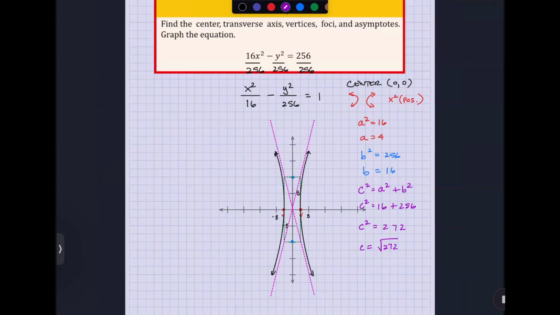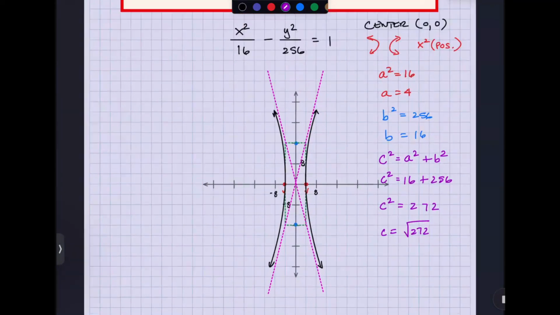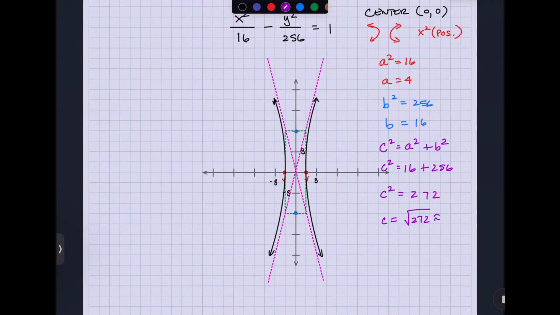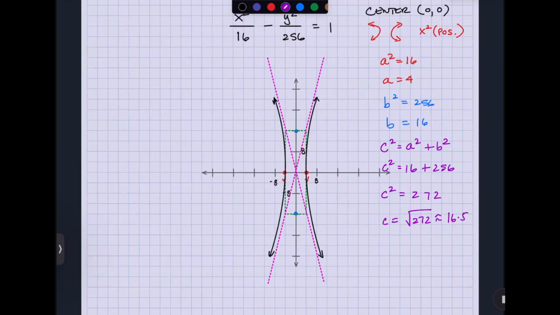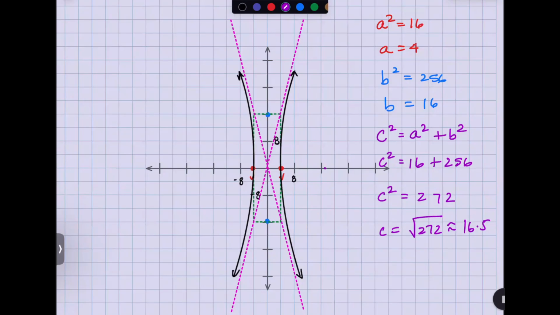So in this case, it's going to be the x-axis, right? Notice how far the foci is. What are the equations of those asymptotes?